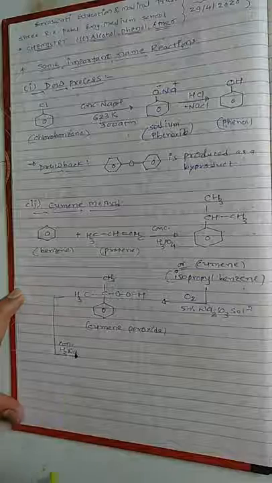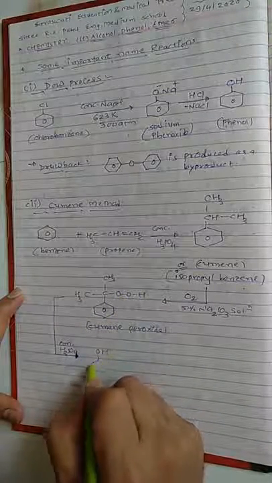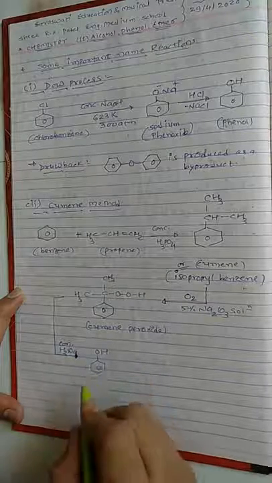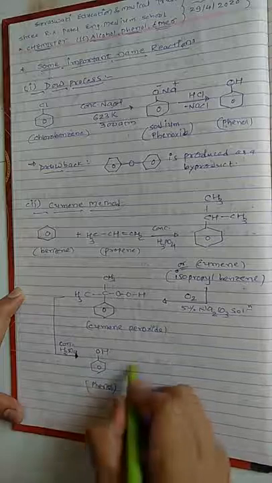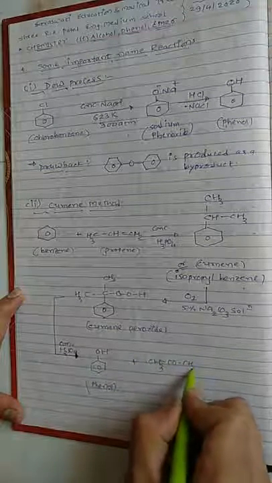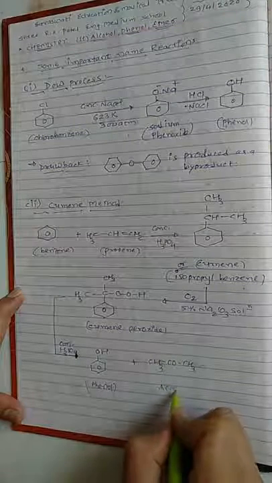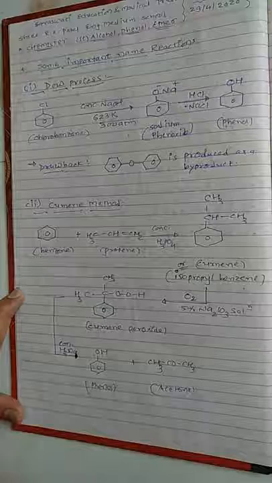In presence of strong concentrated acid, it is cleaved into our product phenol and a byproduct which is acetone. Here the byproduct is also important because it is a good organic solvent.